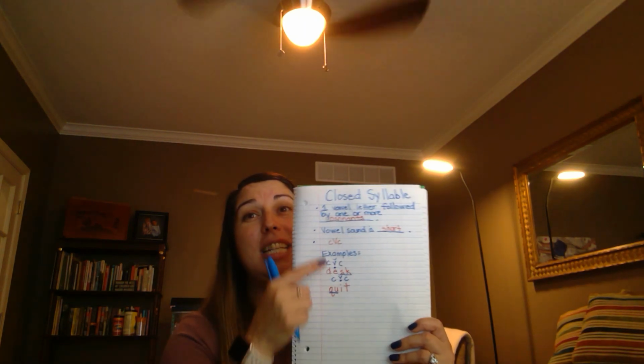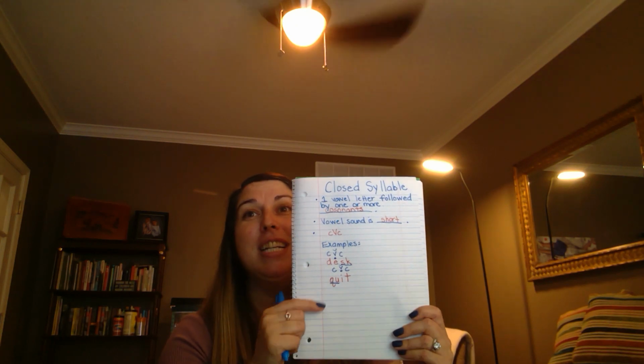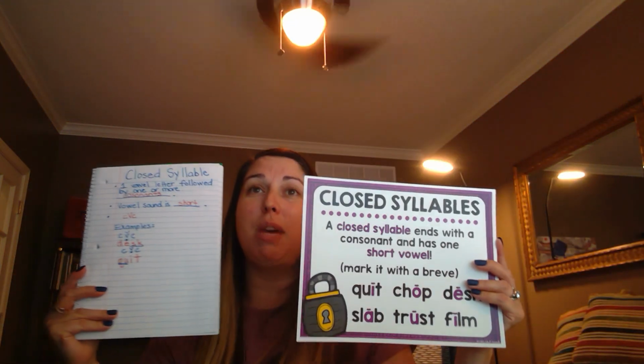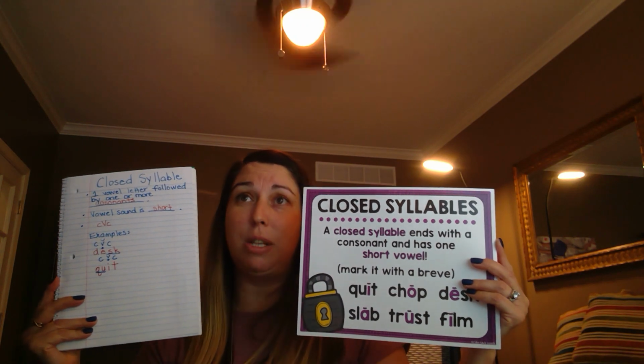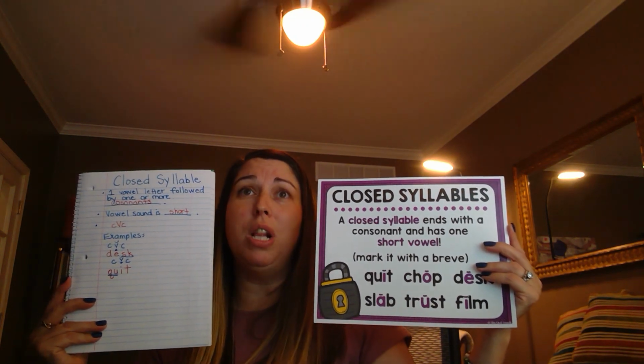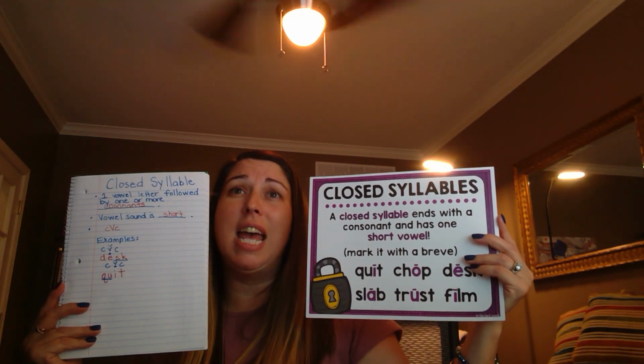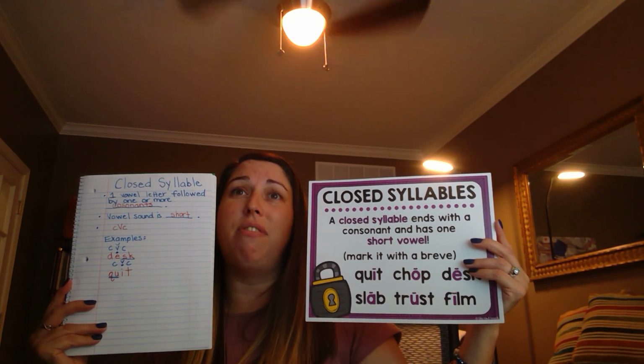So I've got the vowel sound is short. And is it CVC? It sure is. Let's say that word. Ready? Quit. How many syllables? Just one. All right, I'm going to review real fast. Today we learned about closed syllables. A closed syllable ends with a consonant and has one short vowel.